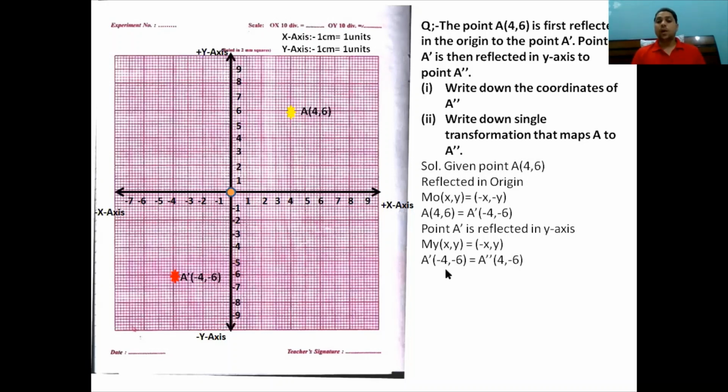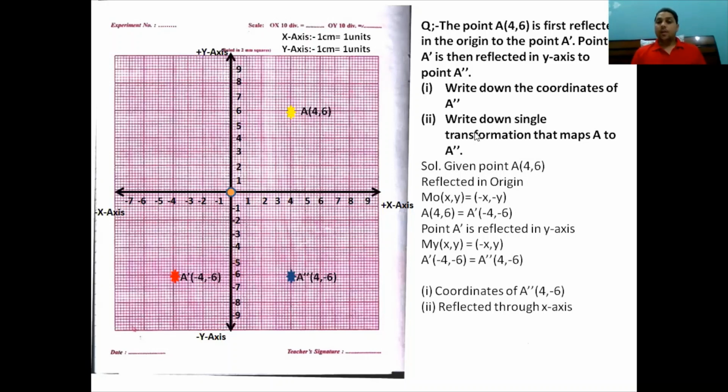We have -4; changing the sign, minus minus gives plus here. So we have coordinates (4, -6). Write the coordinates of A''. This is the image of this point, and this is the image of that point. It is reflected in the origin and then reflected in the y axis. Understand? So the coordinates of A'' are (4, -6).